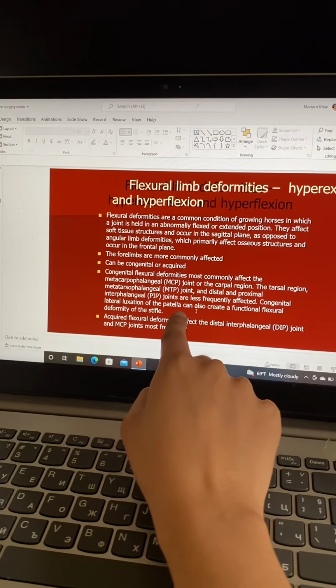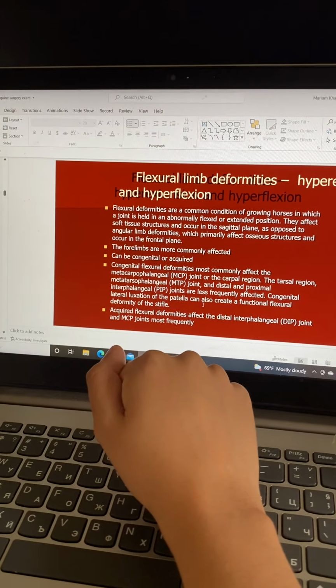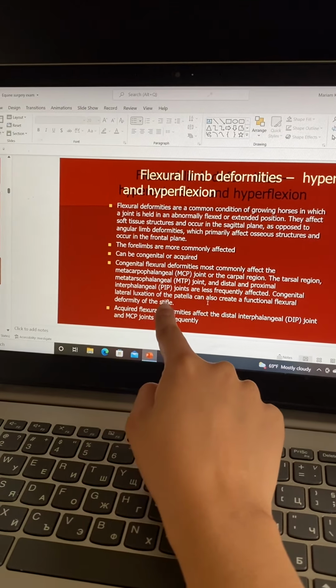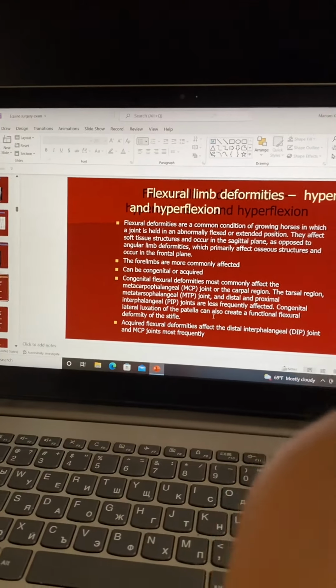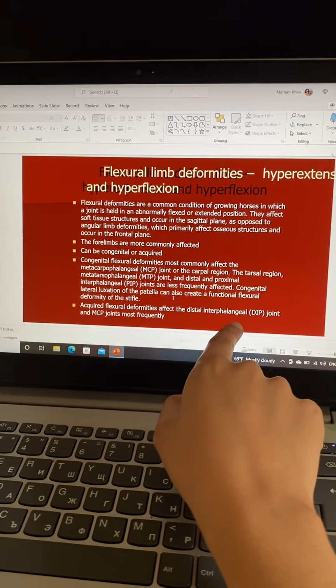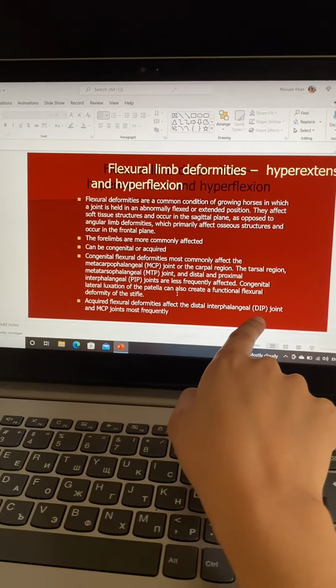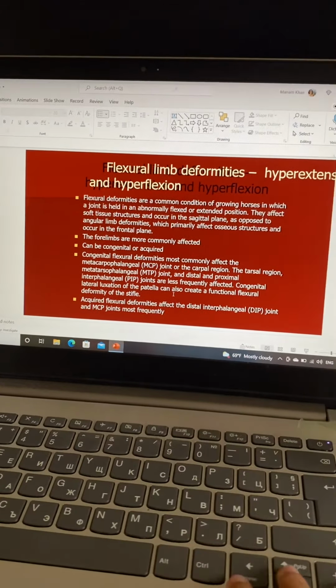Congenital lateral luxation of the patella can also result in a flexural deformity of the stifle, with the stifle being hyperflexed. You also have acquired flexural deformities that affect the distal interphalangeal (DIP) joint and MCP joints.